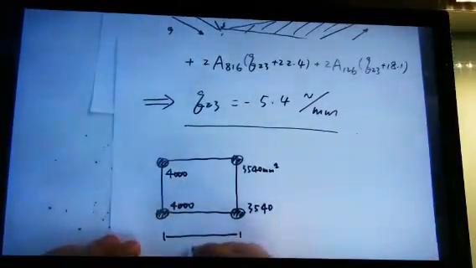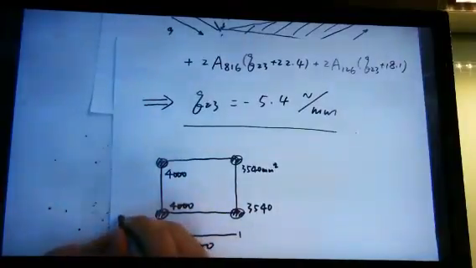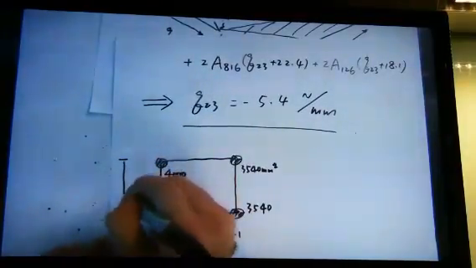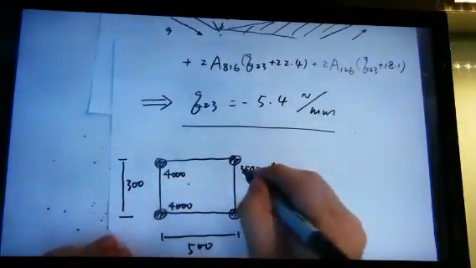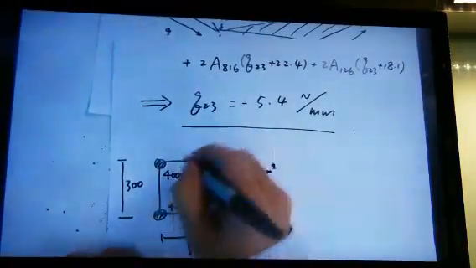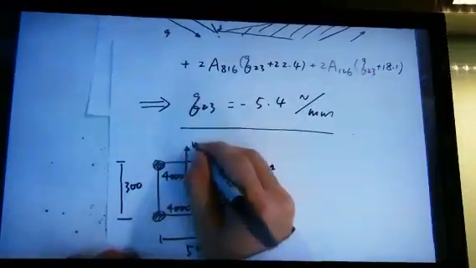The length from here to here is 500. The length from here to here is 300. And the loading is Vz.